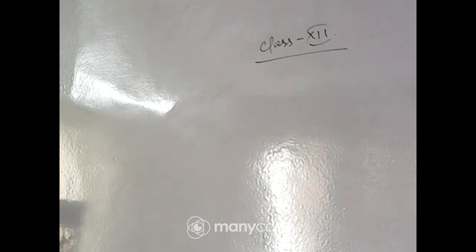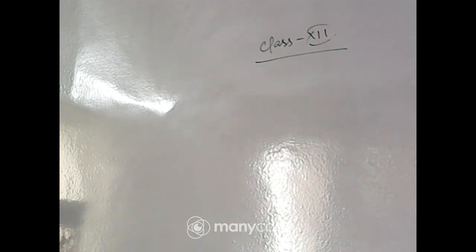So absorption is a bulk phenomenon, since it occurs throughout the whole material, and it proceeds at a uniform rate. What is sorption? The phenomenon in which both absorption and adsorption occur is called sorption.